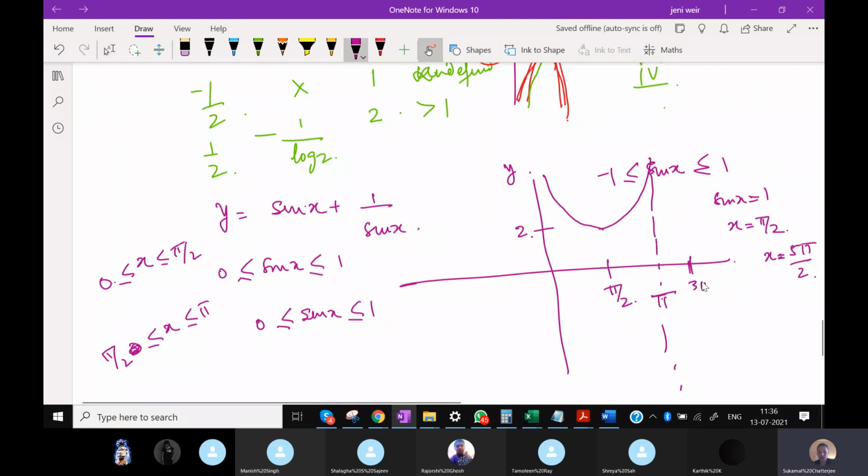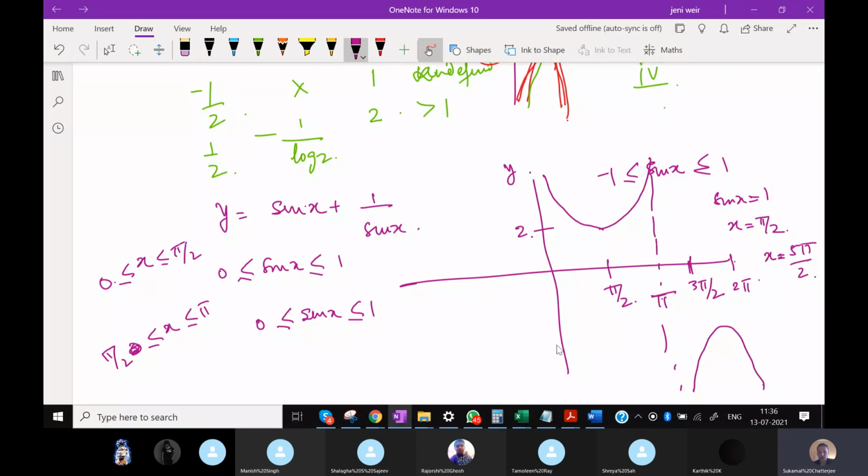So this is 3 pi by 2, then this is 2 pi. So from pi to 2 pi, the graph will be in this quadrant. The values will be negative. And the maximum value here would be minus 2, which will happen when x is equal to 3 pi by 2.